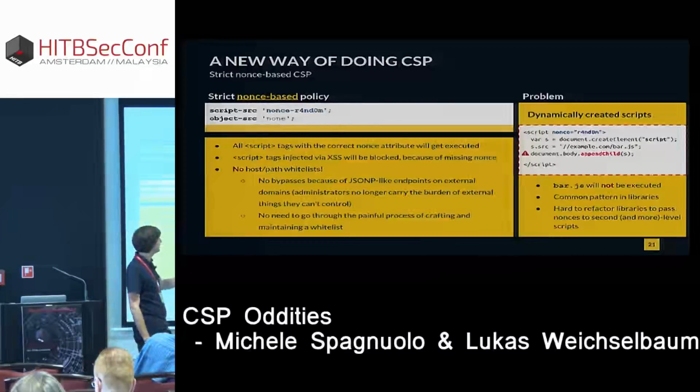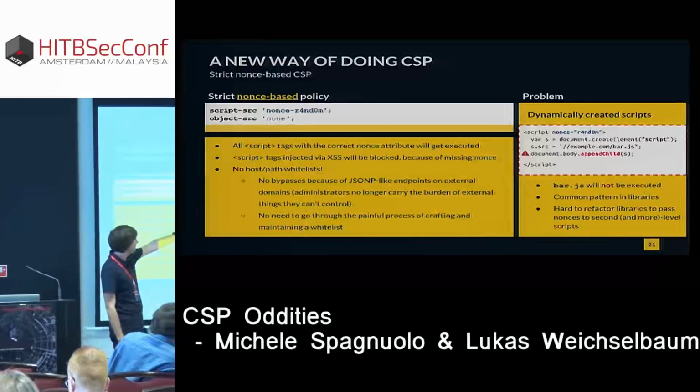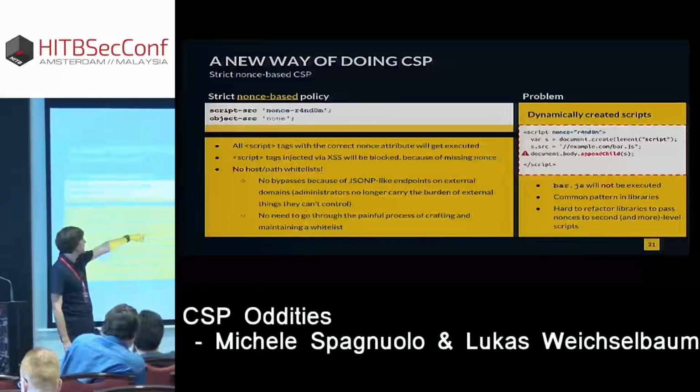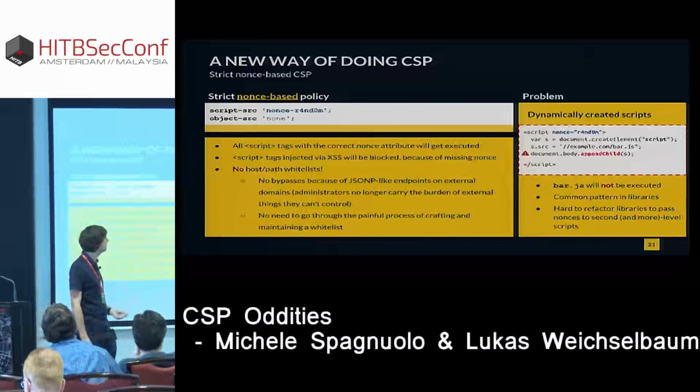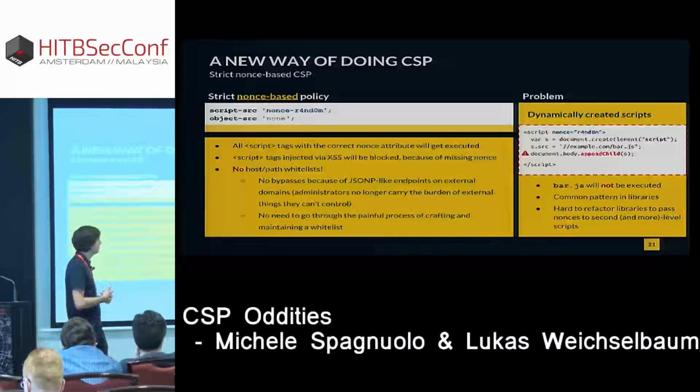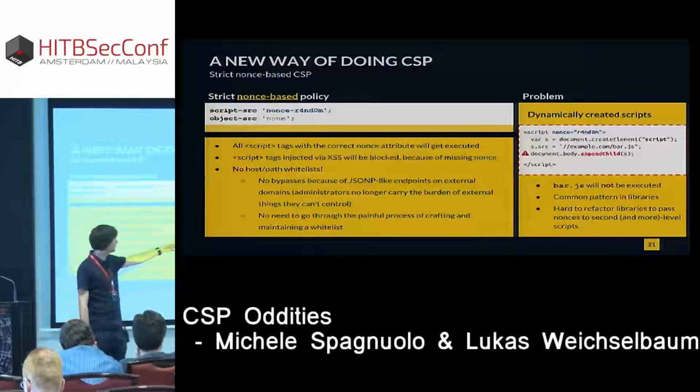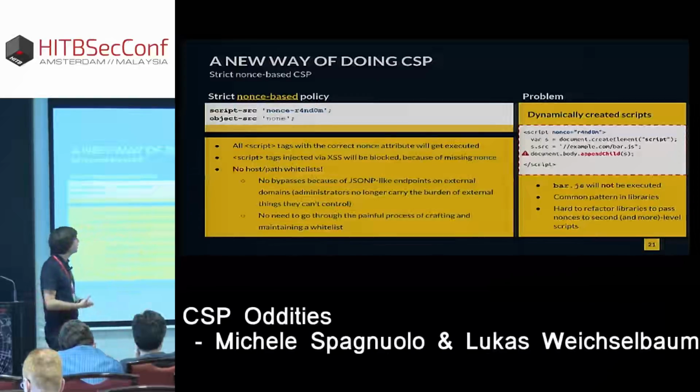So for example, with a pattern like that, the initial script is allowed with the nonce. And what it does is create an element script and source some module for the library or for the widget from somewhere else. Or maybe it's just an init script, and sources the rest of the library from somewhere else. Very often it does that with document.appendChild.